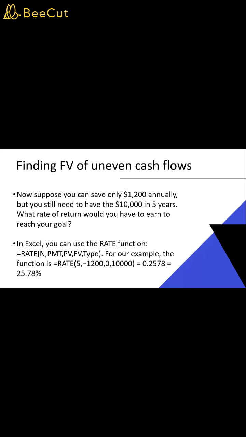And because you are paying something, this is an outflow, it would be negative 1,200, comma, present value, which is 0. And then future value, is 10,000 and close bracket. And the answer will be, in this case, 0.2578 or 25.78%. So here you can see, when dealing with uneven cash flows, how you can calculate different variations using functionalities.